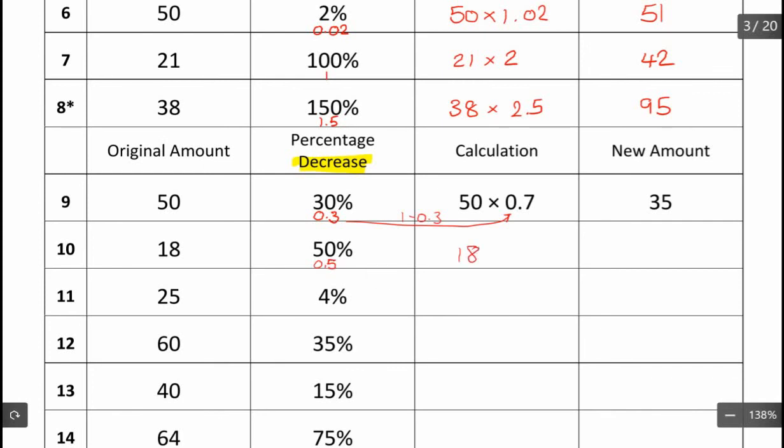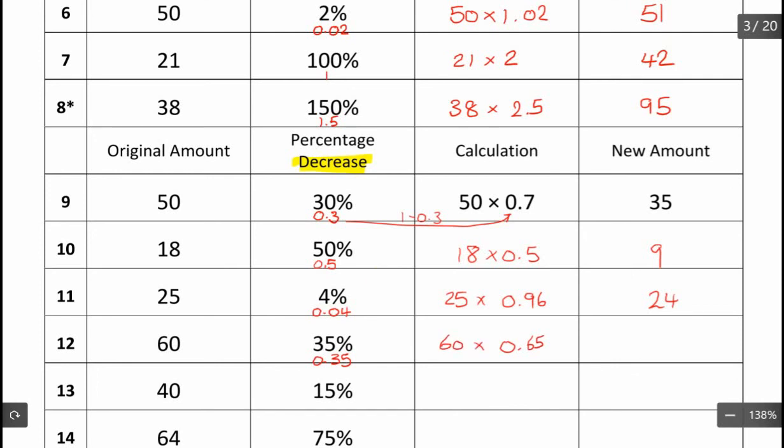So we're going to do 18 times 0.5, in other words, finding the remaining 50%, and that would be 9. If we take away 4%, that's 0.04. Take that away from 1, and we get 0.96. Do 25 times 0.96, we get 24. This would be 0.35. Take that away from 1, we've got 0.65.